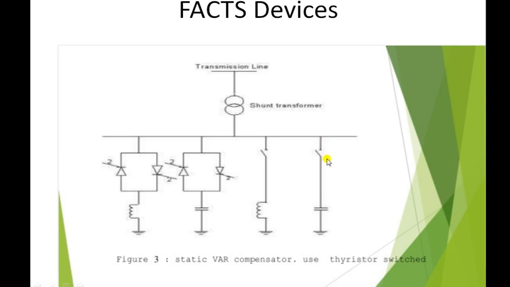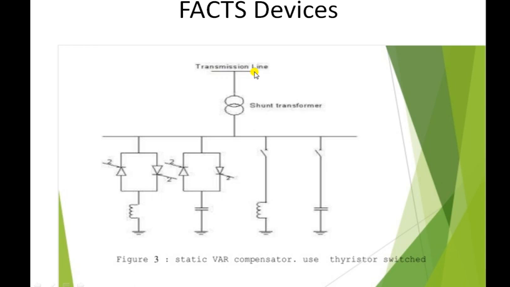So here you can see the switch. Using this switch we can add this capacitor, or this thyristor controlled capacitor, into the circuit, and we are able to boost the voltage. That is why we can maintain the transmission line's voltage at the nominal value.